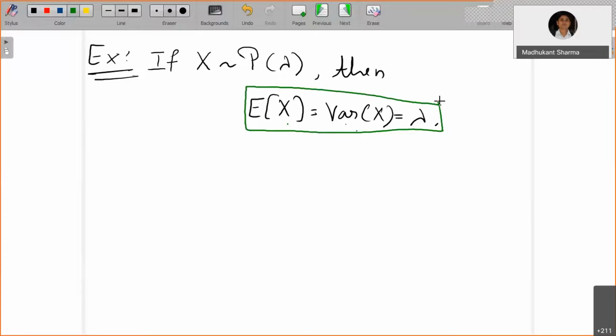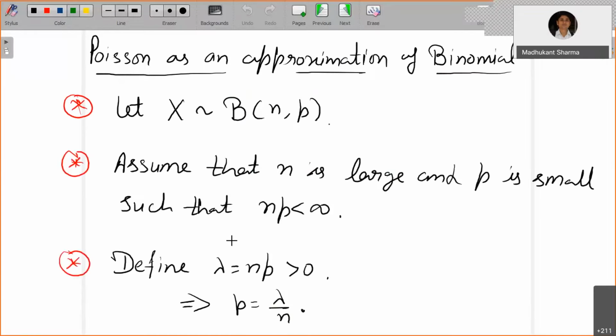This will give a clear definition of why I have defined lambda equal to n times p: because n times p is the expectation of a binomial random variable, as we have seen. So let's take the assumption that X follows the binomial distribution with parameters n and p.